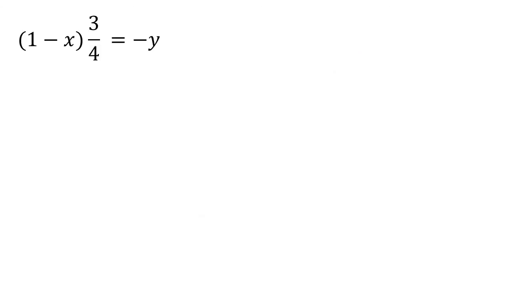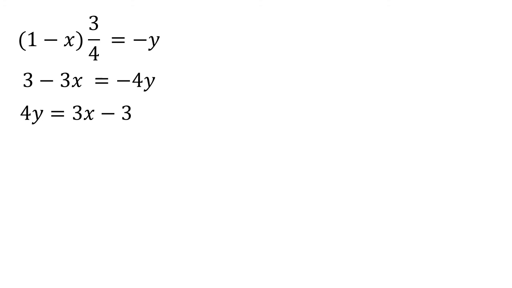Let us continue here. So actually, by cross multiplication, let us multiply 3 to 1 and to negative x. So that will become 3 minus 3x. And let us multiply 4 to negative y. So that will become negative 4y. Then let us just continue manipulating this equation.